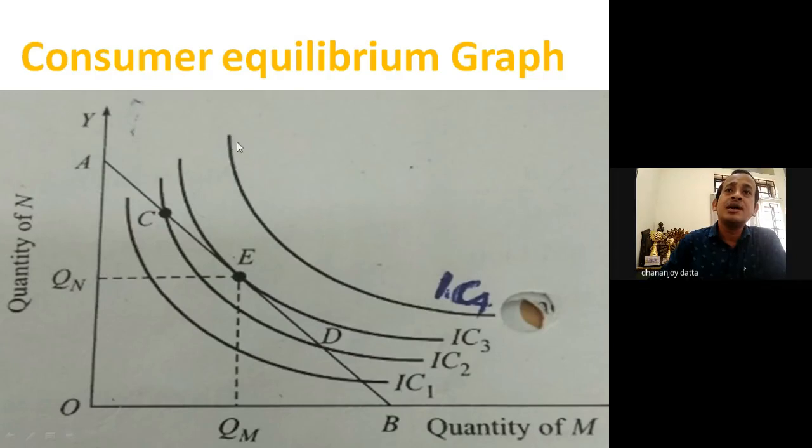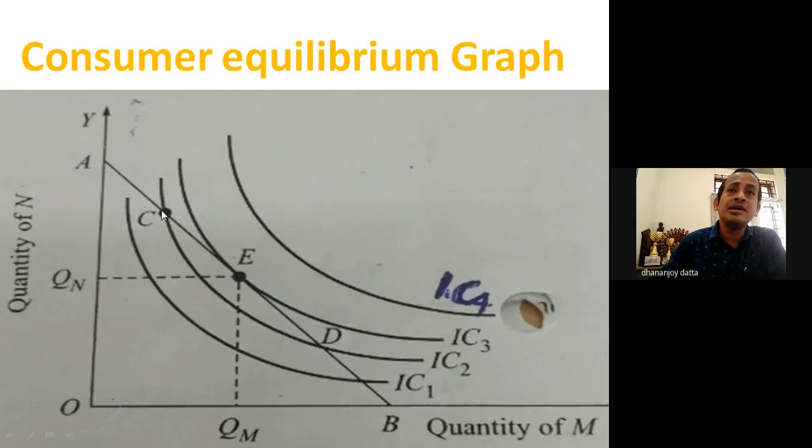It is like an infeasible set. It is not coming under the budget of the consumer. So it is beyond the budget of the consumer, so we cannot consider it here. But IC 3, indifference curve 3, is basically giving the maximum satisfaction to the consumer due to the purchase of the combination of two products, product N and product M.